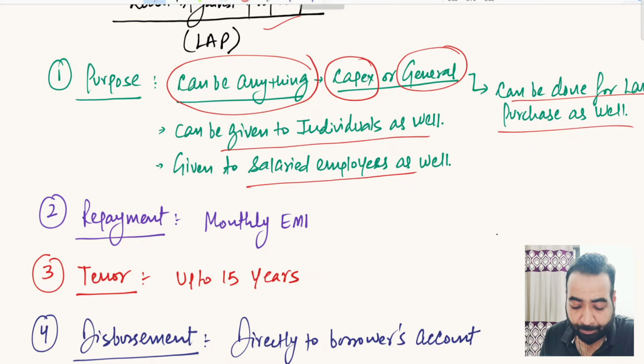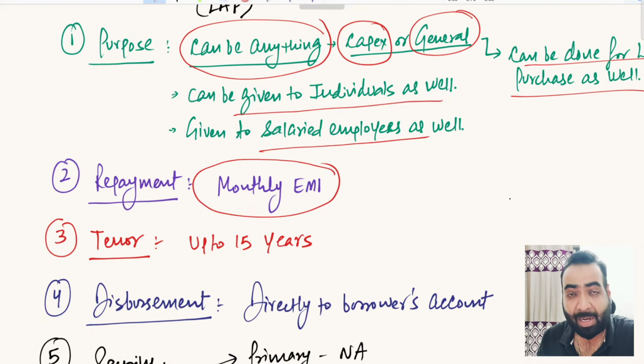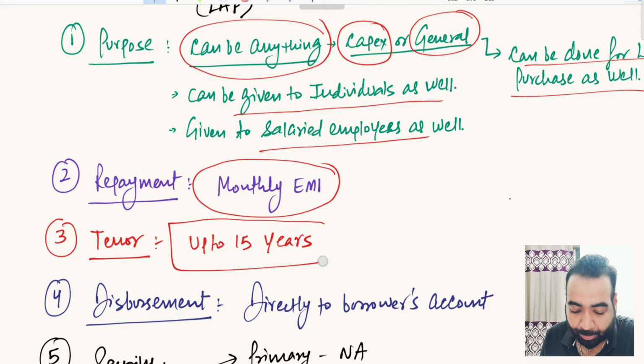The loan repayment is done by way of monthly EMI only, like WCTL that we studied in the previous video. You have to pay off the principal and interest on a monthly basis. The main trigger point of this product is the tenure of the product. The tenure of the product is up to 15 years, and some banks are giving for 20 years as well, right? You can get the loan against property for 20 years.